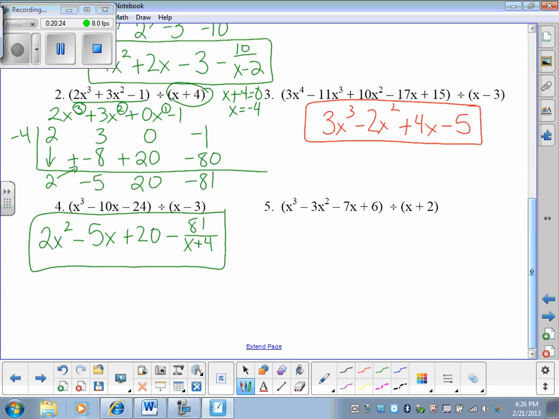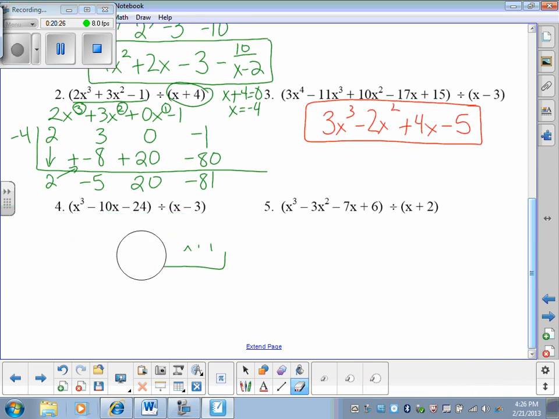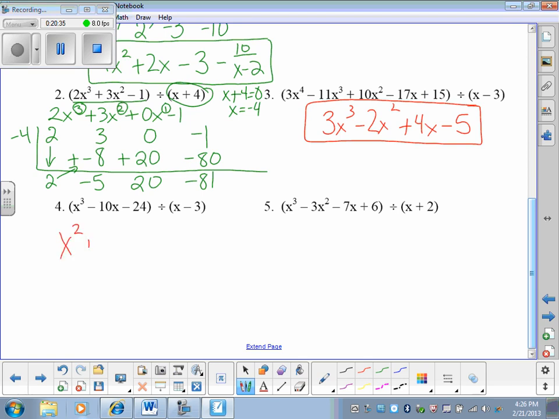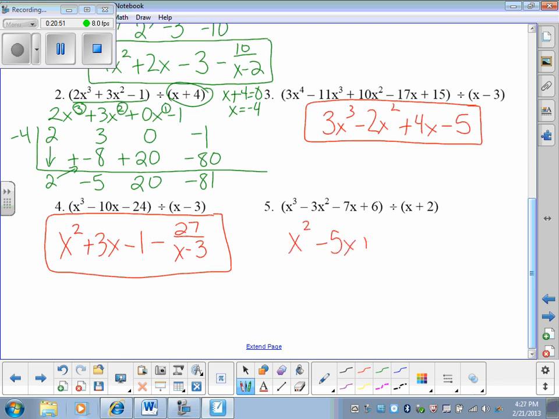Number 4, you should have gotten 1x squared, or just x squared, plus 3x minus 1 minus 27 over x minus 3. And the last example, you should have gotten x squared minus 5x plus 3.